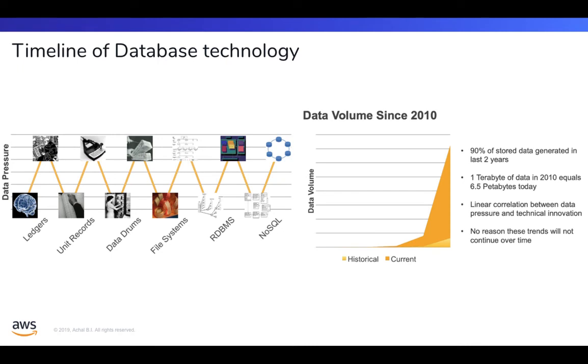This is just a database technology timeline. Early on, it started with ledgers and some records, drums, file systems. Then we moved to RDBMS, and recently we have come with NoSQL databases. But why is that?